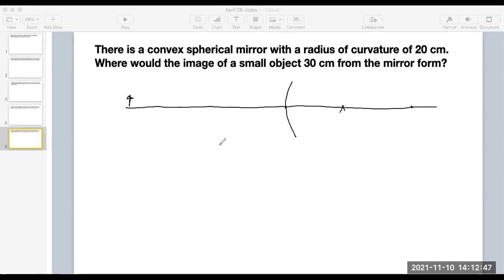It is negative, but not that far. So it comes in parallel. It's going to bounce away as if it came from the focus.